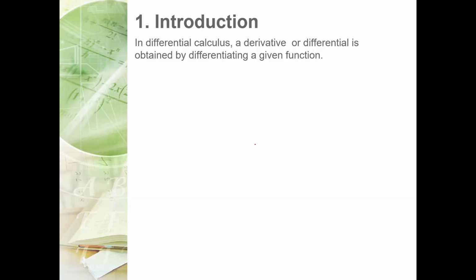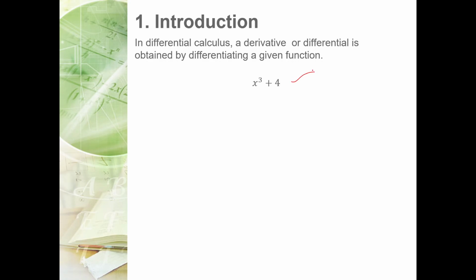In differential calculus, a derivative or differential is obtained by differentiating a given function. For example, you have this expression, x cubed plus 4. What we did in calculus 1 was to get the derivative of this function, right?